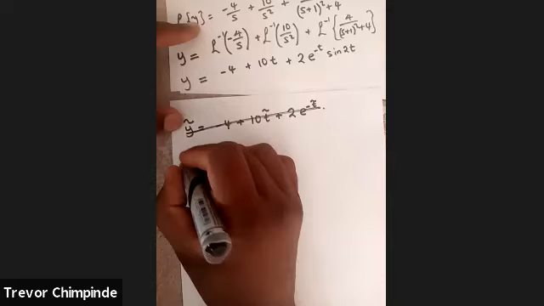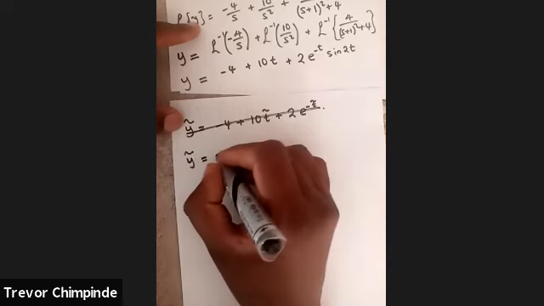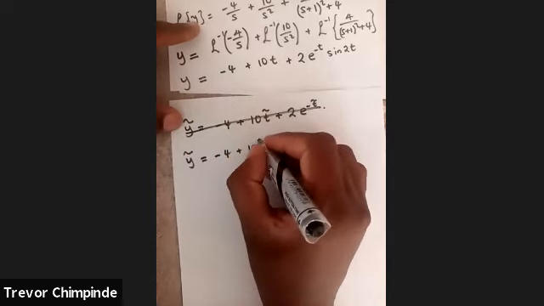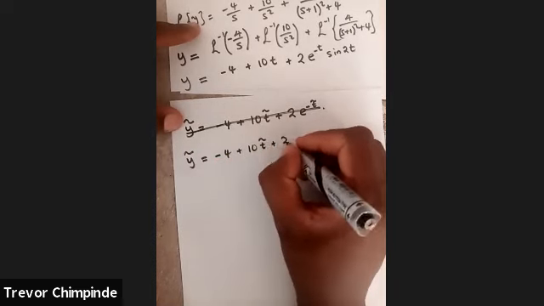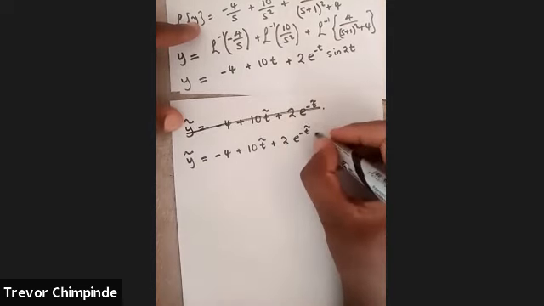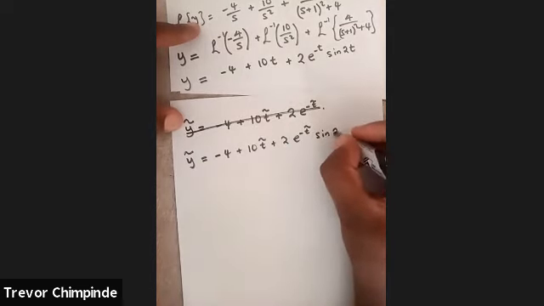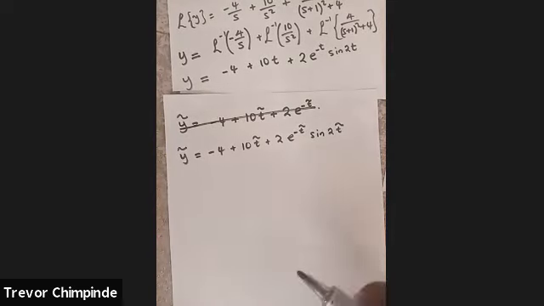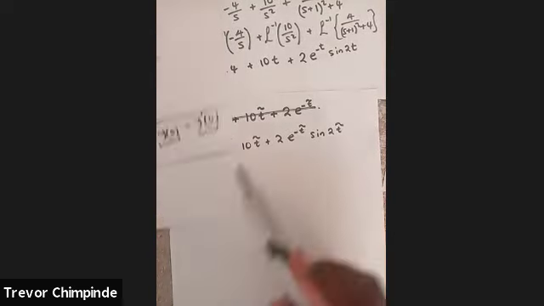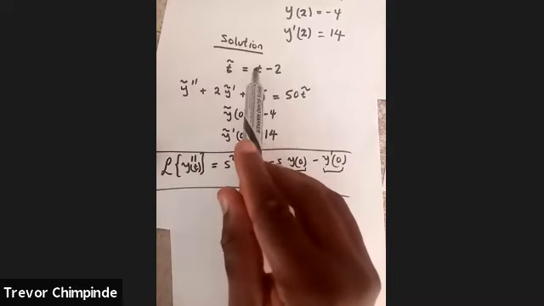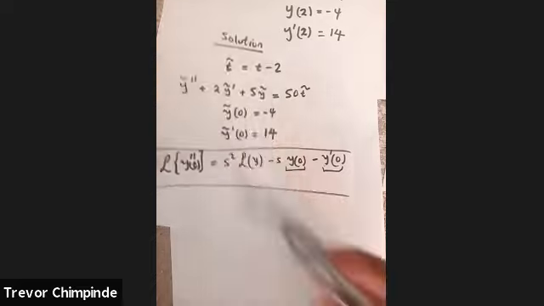Okay. So y tilde is minus 4 plus 10 t tilde plus 2 e to the minus t tilde sine 2t tilde. So we have to go back to our t and our y. We know that t tilde is t minus 2.